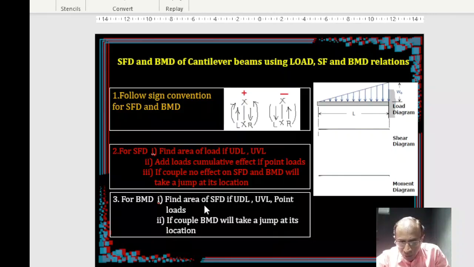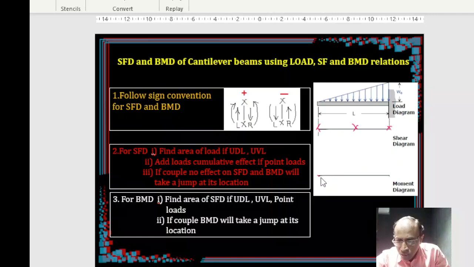So here it is a uniformly varying load, right? As I told you, you don't have to even find the support reaction for drawing the shear force and bending moment diagram in case of cantilevers with simple loading, right? So now you can start. So for your shear force, again we will select 3 points, say 1 here, 2 here, and 3 here.